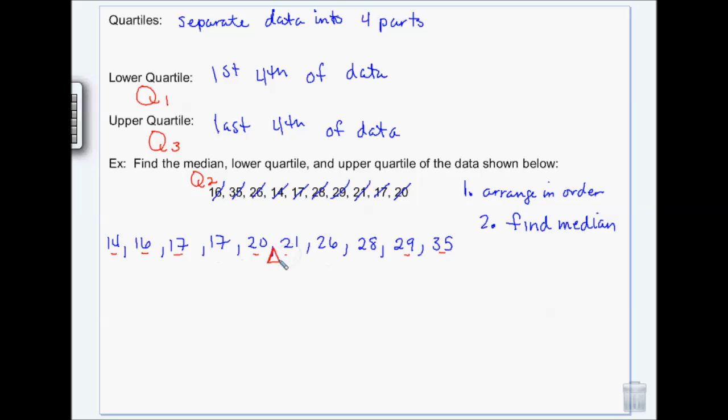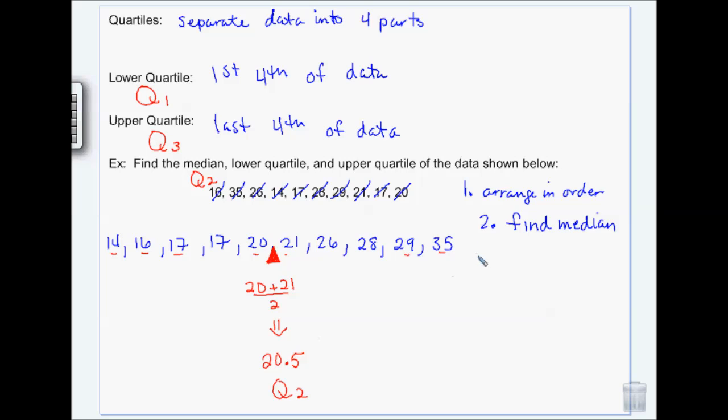Okay, right here. This is where the median goes. I don't have a median per se. So I'm going to find the average of these 2 numbers. And that equals 20.5. And that's Q2, or the median.